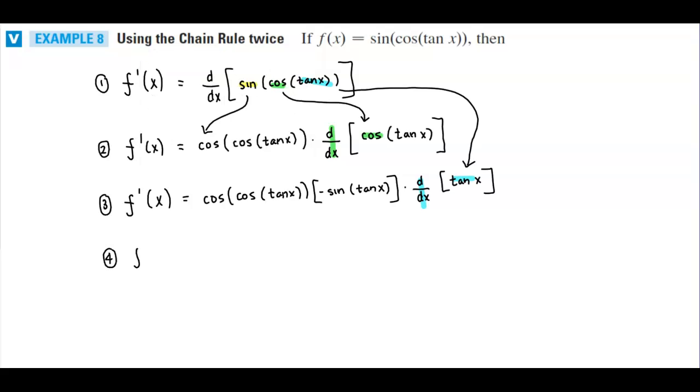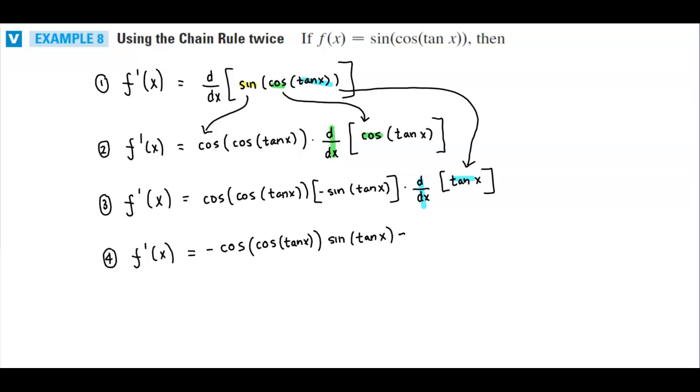So we have f prime of x is equal to, well, if we take this negative, we can bring that to the beginning, so it's going to be negative times the cosine times the cosine of the tangent of x times the sine of the tangent of x, and then times, well, what is the derivative of the tangent of x?